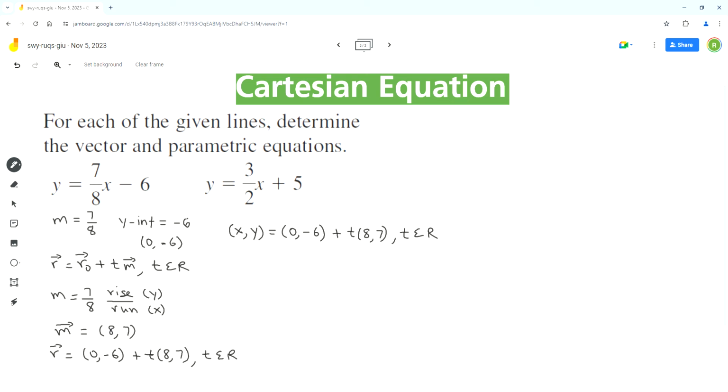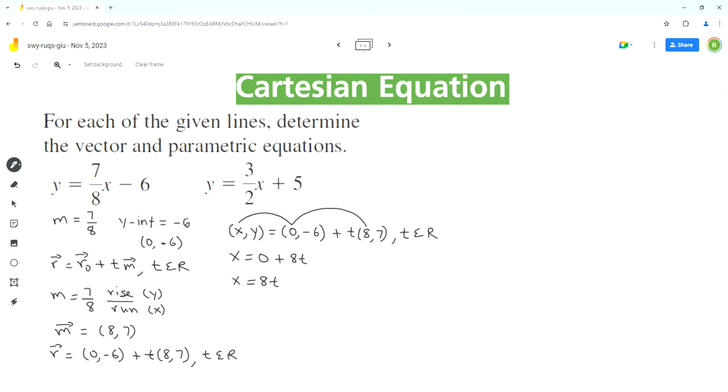So for the x equation, we should use the x components of these vectors. And we should multiply the x component 8 by t. Now we can rewrite this equation by ignoring the 0. So this is the x equation for this line.